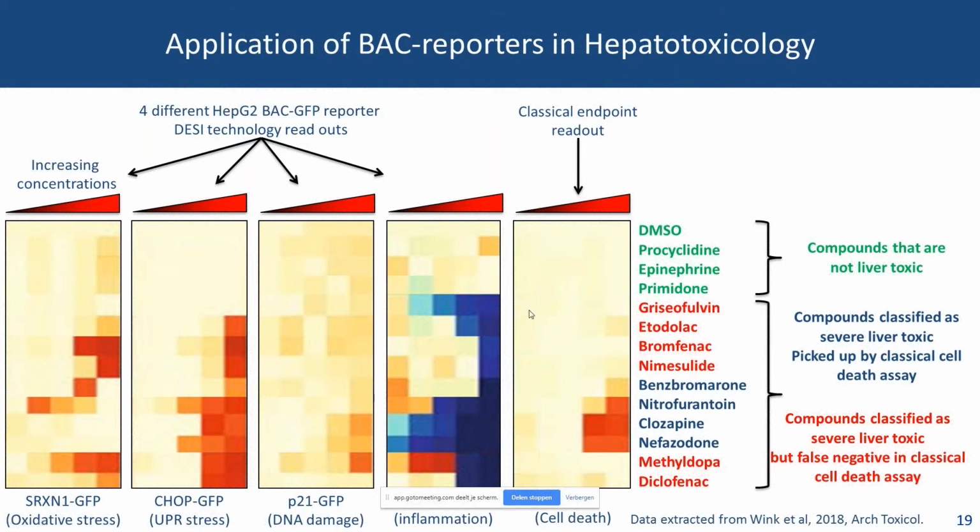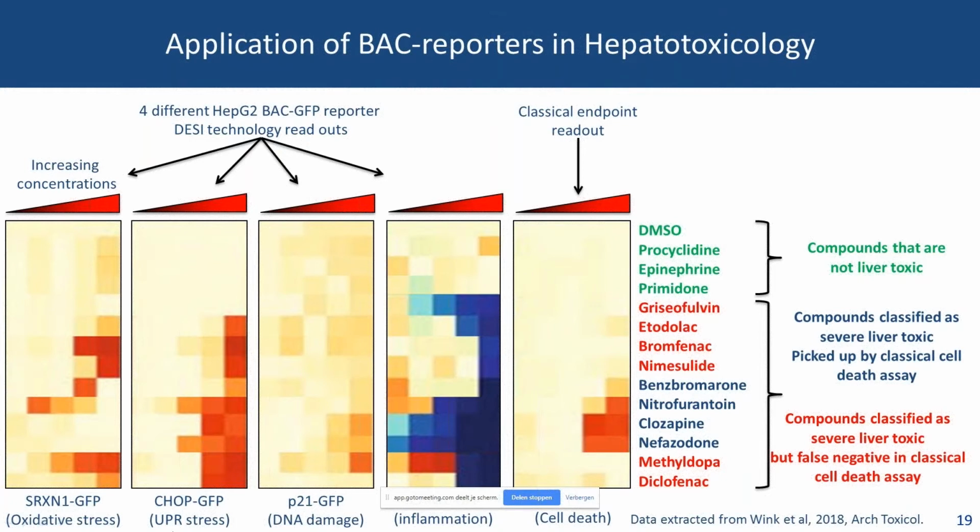So if we just focus on the cell death readout in our assay, you can see that only 4 compounds are being classified as liver toxic, and we miss 6. So if you just focus on the classical endpoint, you miss 6, so 6 false negatives. But obviously we have way more data.